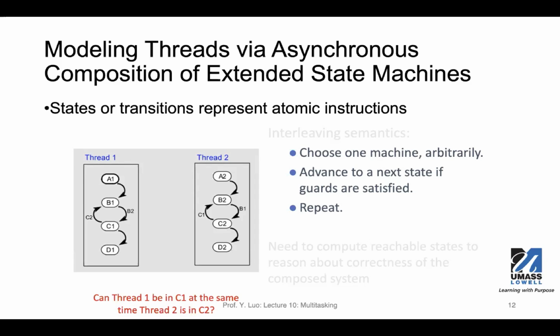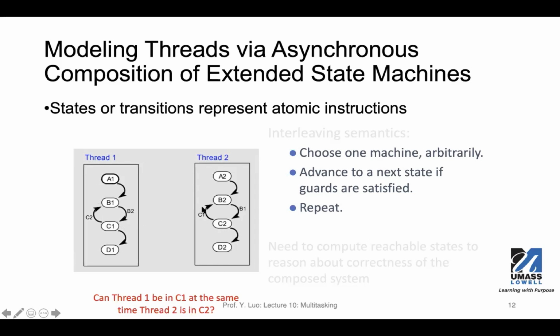So if you have thread 1 in state C1 and thread 2 in state C2, what will happen is this: thread 2, when it stays at C2, evaluates C1, which is true because thread 1 is in C1. So this guard is satisfied.